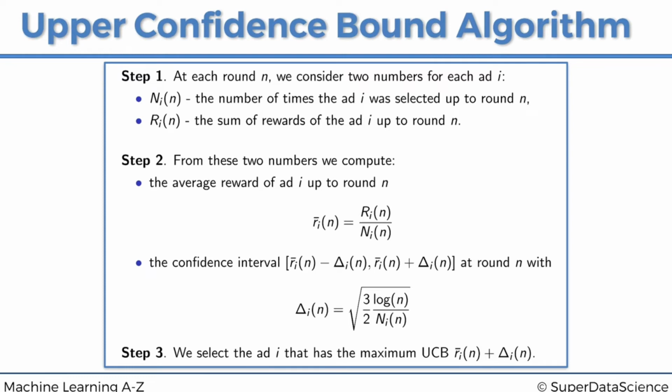Well, it's the average reward plus delta_i(n). And delta_i(n) is given by this formula. It's the square root of 1.5 log n divided by N_i(n), which is the number of times the ad version i was selected up to round n. So let's compute this delta first, and then we'll compute the upper confidence bound.